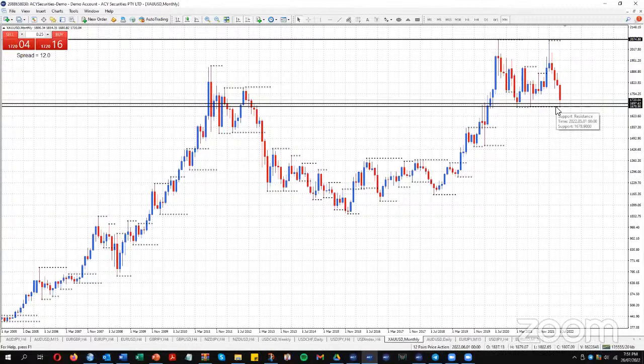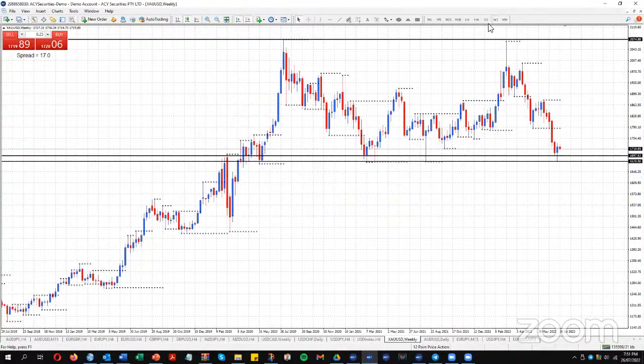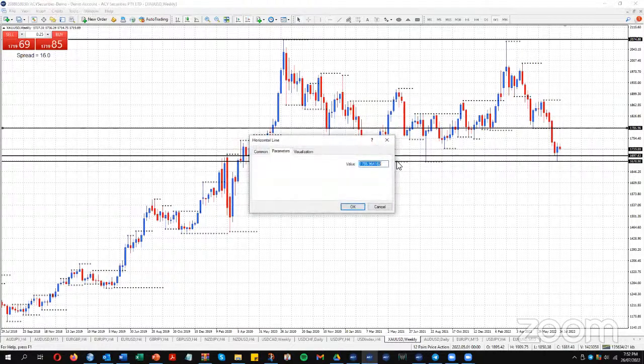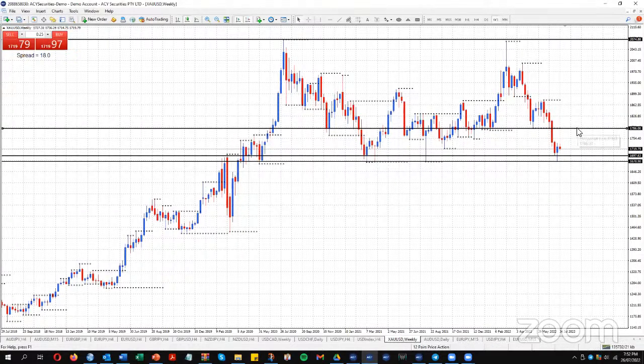Now, of course, we could break support, but at the moment, the weekly chart saw some buying pressure. So there is a potential of a reversal down here at the moment, back up the range. All right. Even if it's only back up to this weekly low that we broke through, 1786, that would still give you a good profit target.